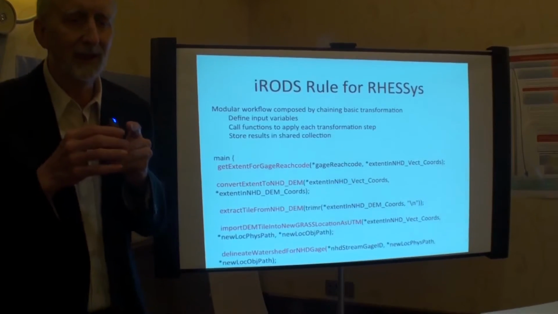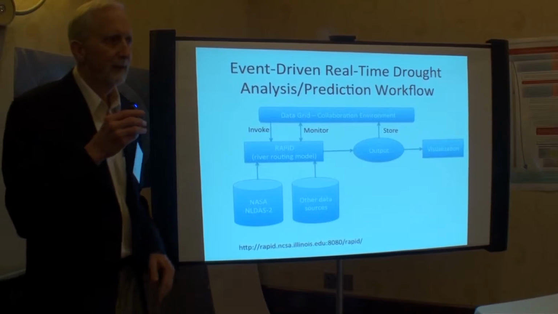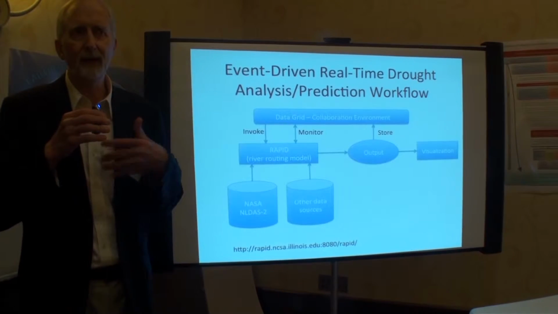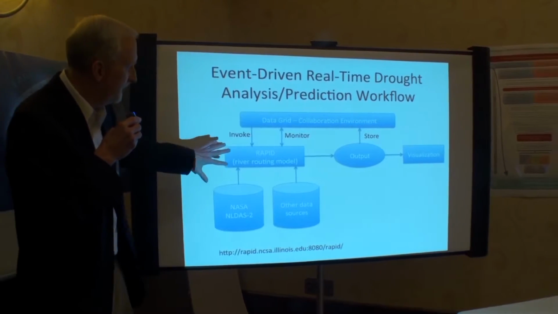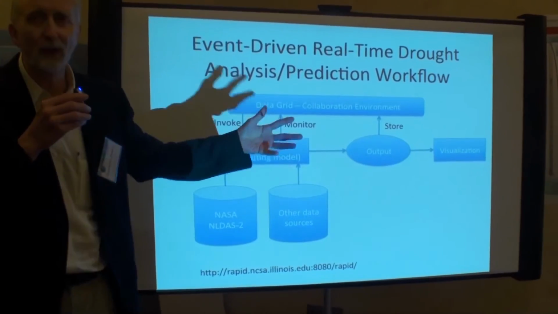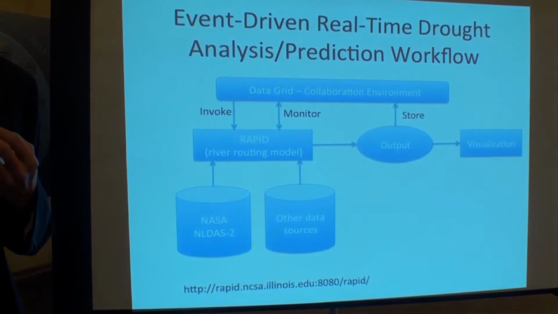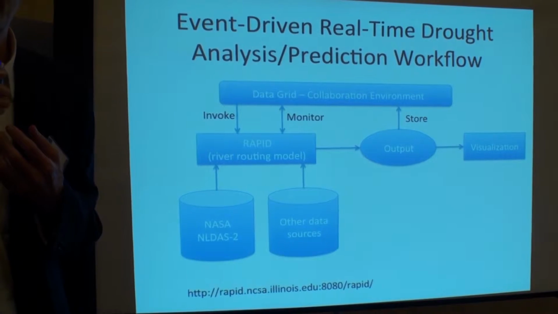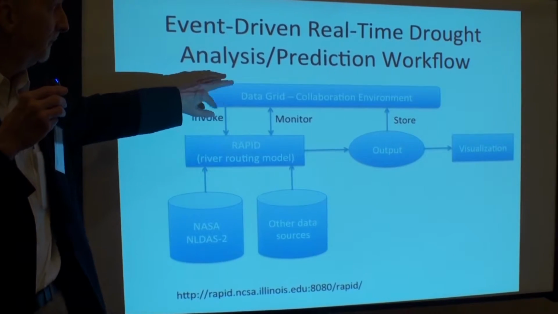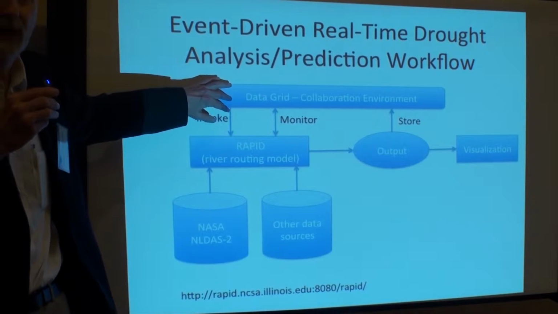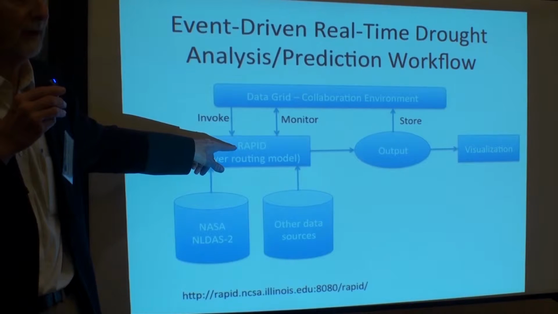If we go down to the next example, this is an example of integration with existing infrastructure. In this case, we're working with the cyber integrated workflow environment that's maintained by NCSA. They provide a web services interface. So from the collaboration environment, we can invoke their analysis.